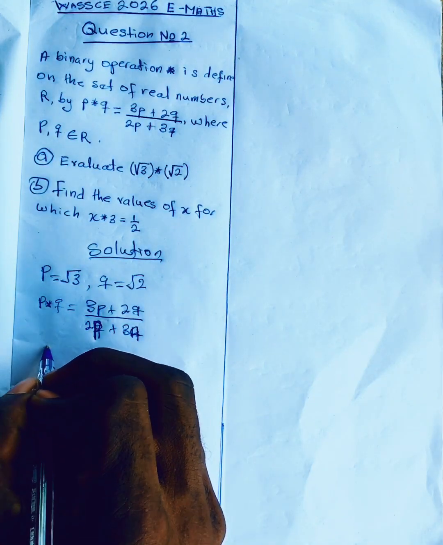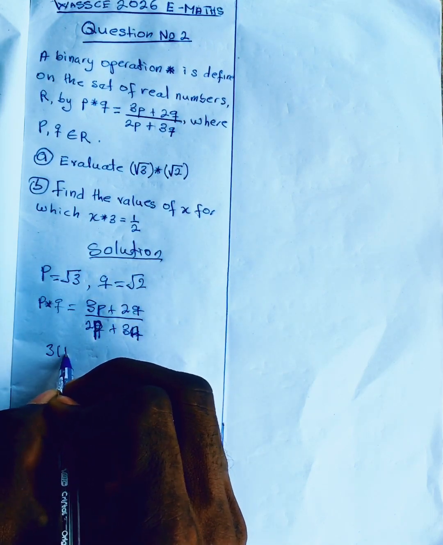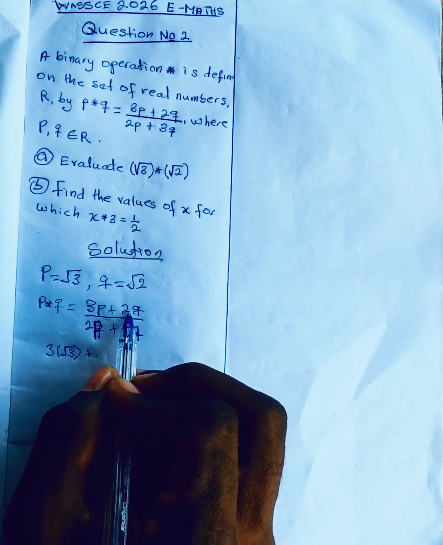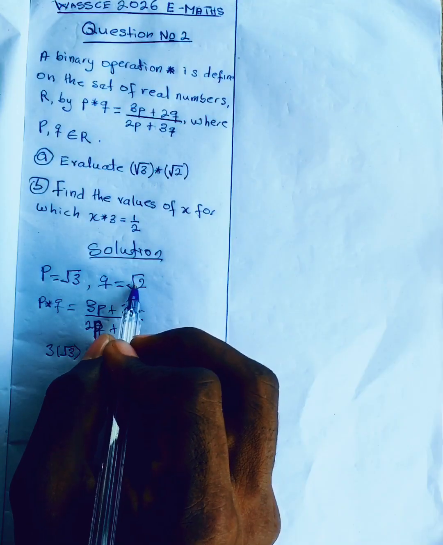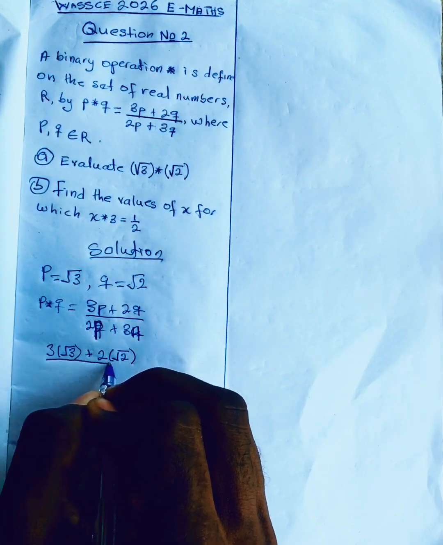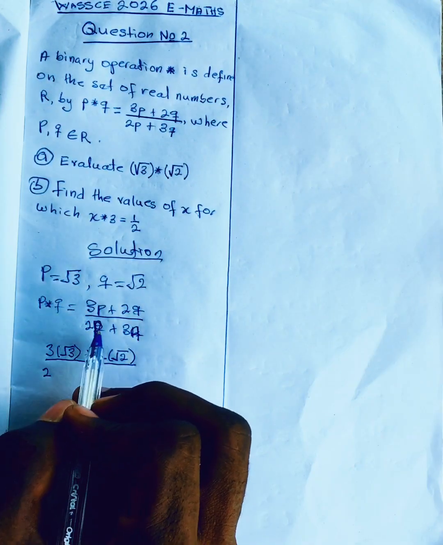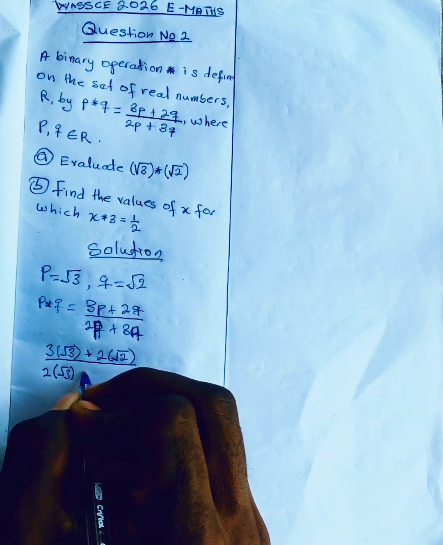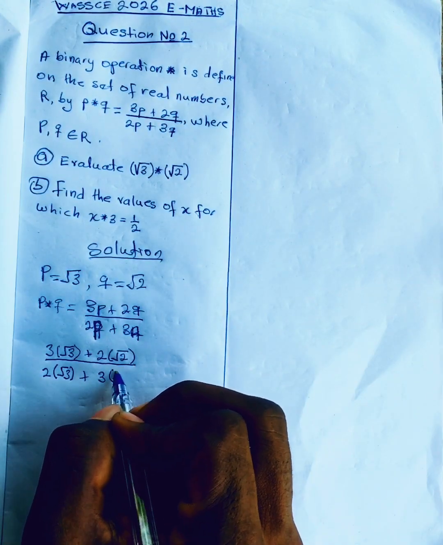So we have 3 and our P is root 3, so we substitute root 3, plus 2, then we substitute root 2, divided by another expression, which is 2, then we put P inside, which is root 3, plus 3, then we put our Q inside, which is root 2.